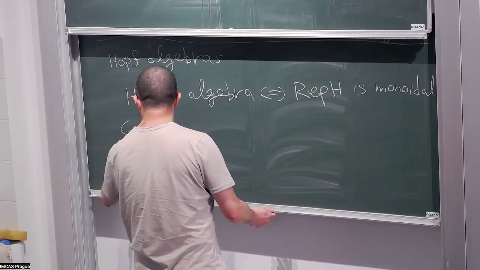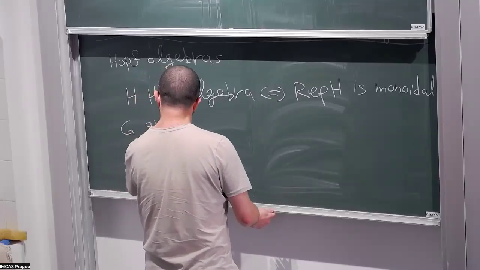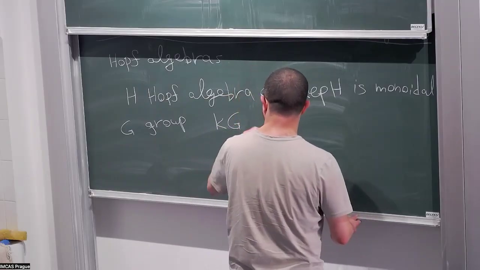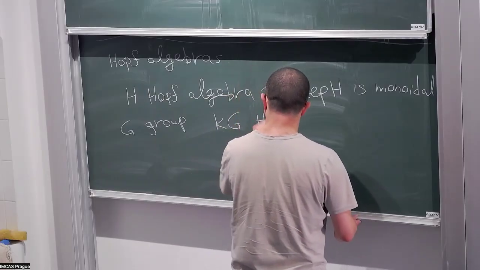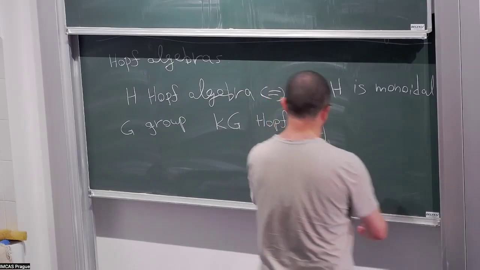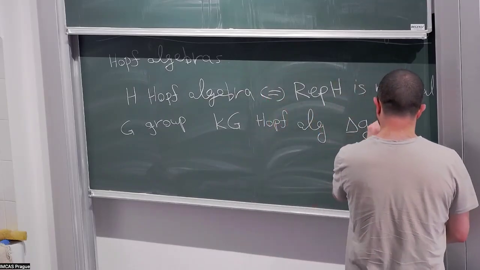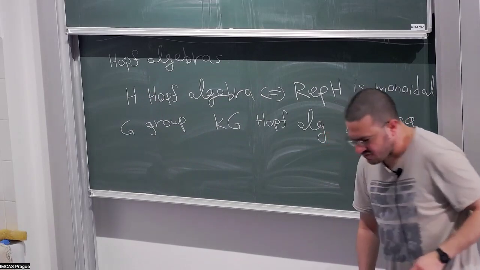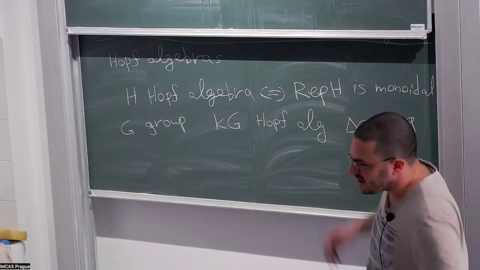Some examples that I would like you to keep in mind are the following. First of all, if G is a group, then the group algebra KG is a Hopf algebra with delta of g equal to g tensor g. In other words, we just use the regular diagonal action.